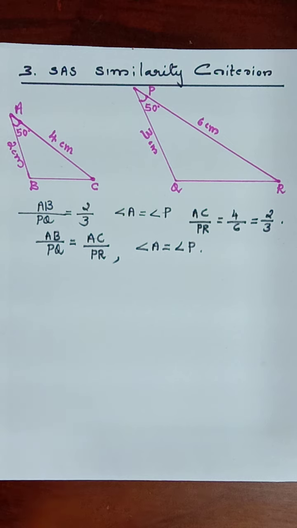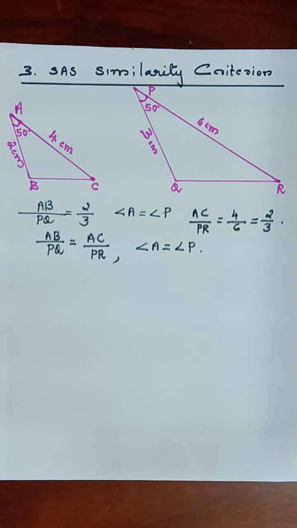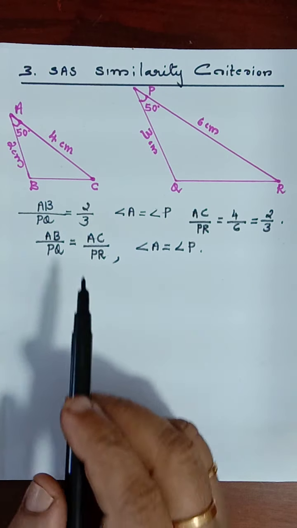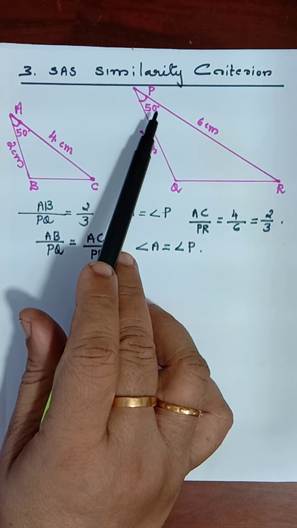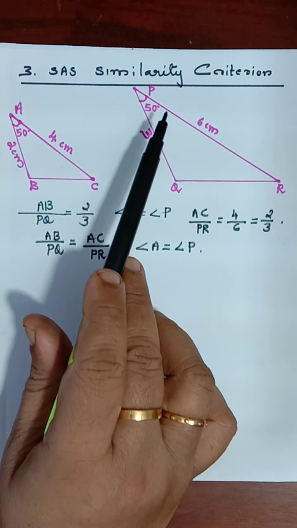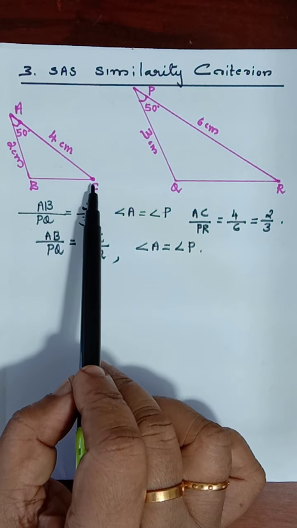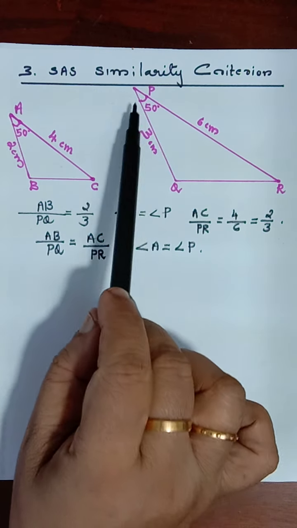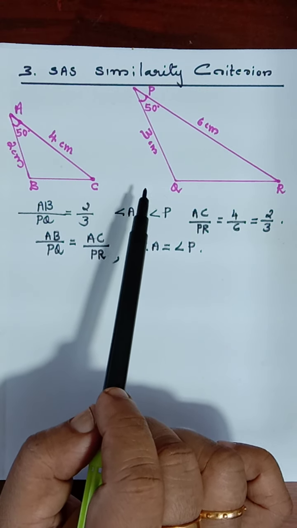Now we are going to write the statement. What is the theorem statement? If one of the angles of a triangle is equal to one angle of the other triangle and sides including these angles are proportional, then the two triangles are similar.